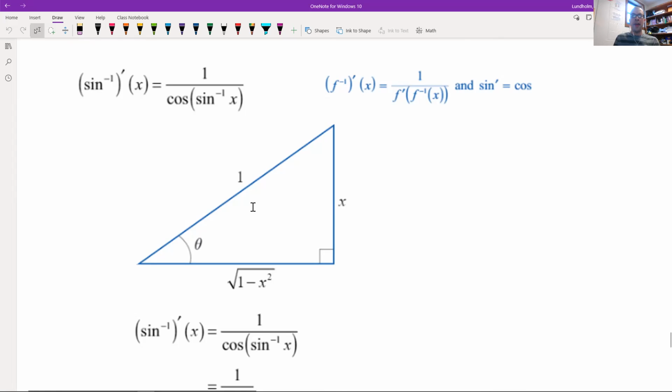And so that would be the thing that dictates the triangle. We're building a triangle where the side is equal to x over 1.